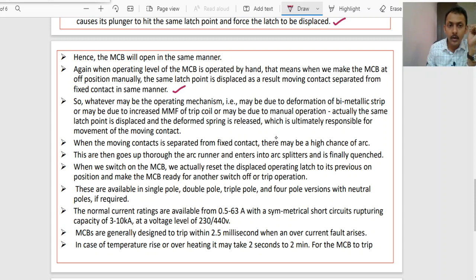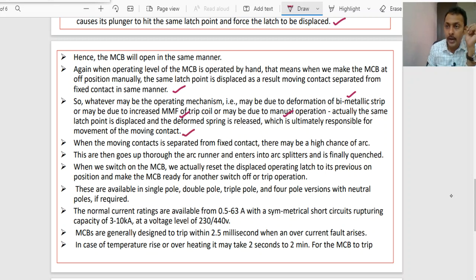Whenever the operating mechanism acts, it may be due to the deformation of the bimetallic strip, or due to the increased magnetomotive force of the trip coil, or due to the manual operation. The same latch will be displaced and will deform the spring, which is ultimately responsible for the movement of the moving contact.